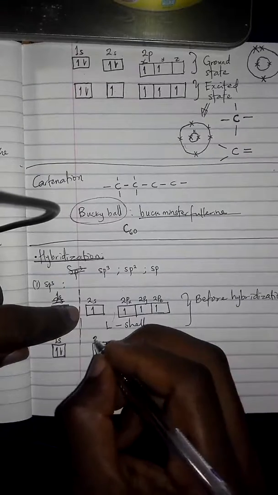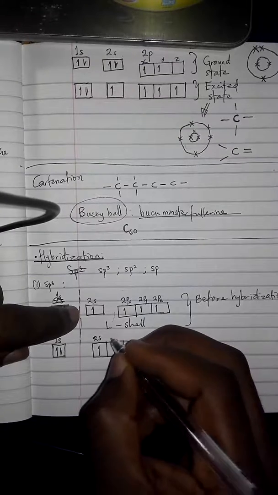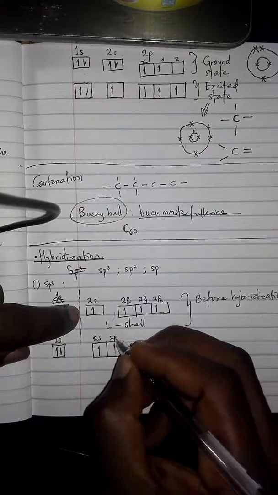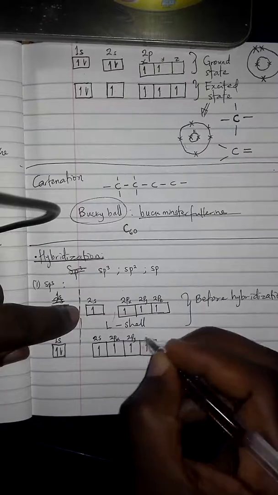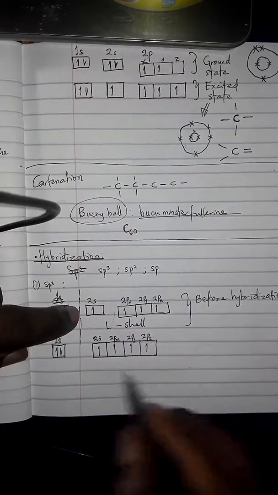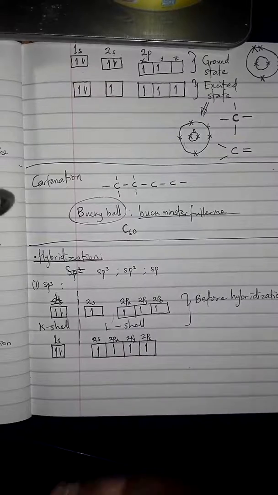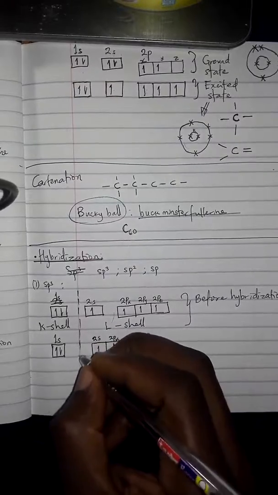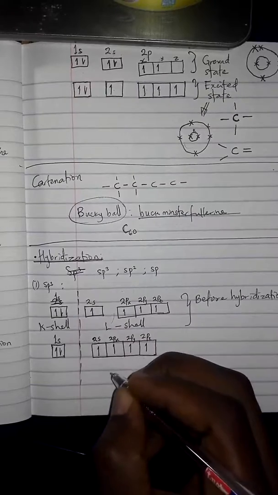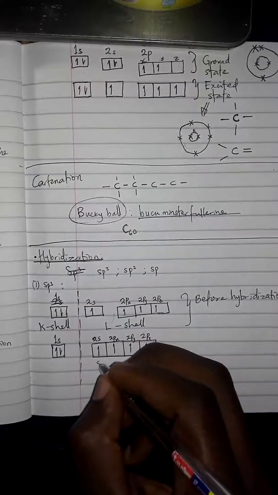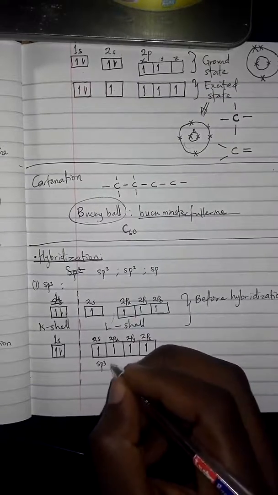So obviously this is 2s, this is your 2px, this is your 2py, this is your 2pz. So it has blended, or it has mixed with this. Alright, so we call this the sp3 hybrid orbitals.